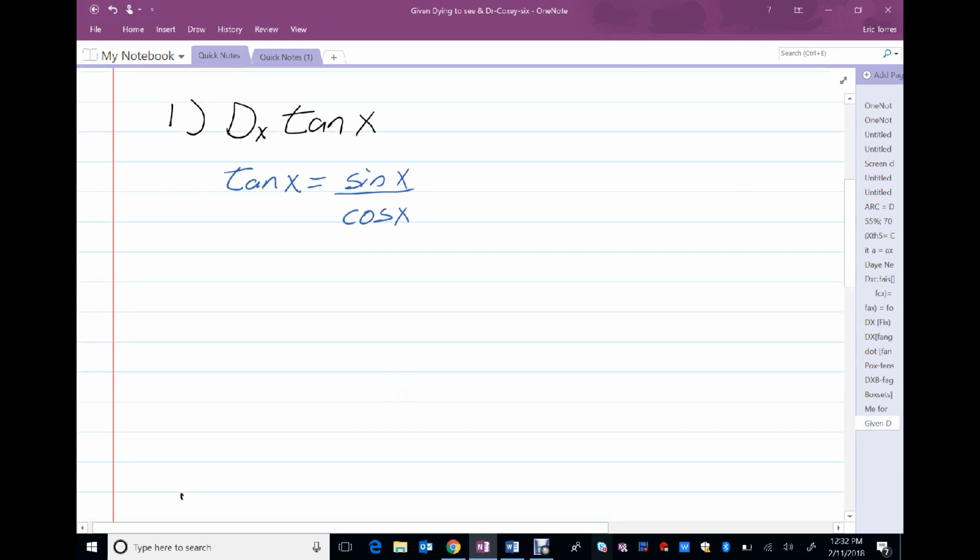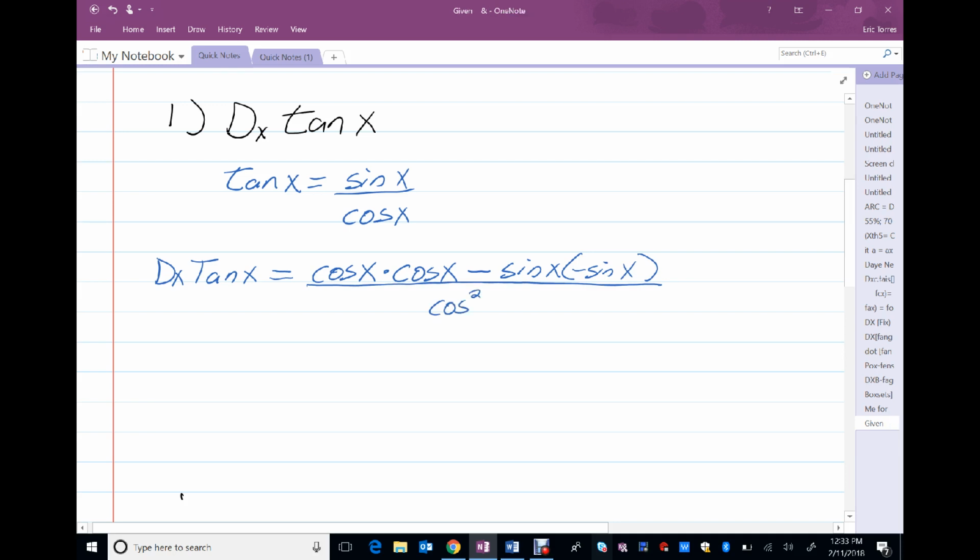Then it would flow that I can take the derivative of this using the quotient rule, which would give me the derivative of the top, sine of x, which is cosine of x, times the bottom, minus the top, times the derivative of the bottom, and the derivative of cosine is negative sine of x, all over the bottom squared.